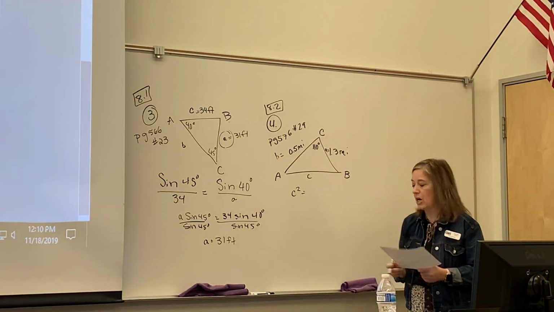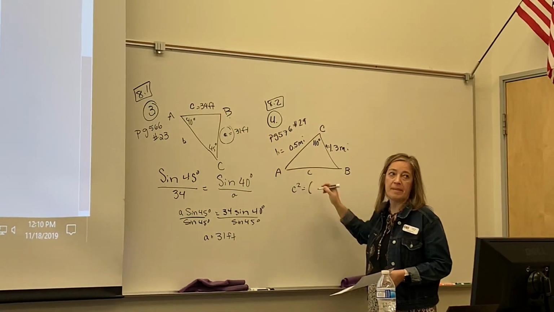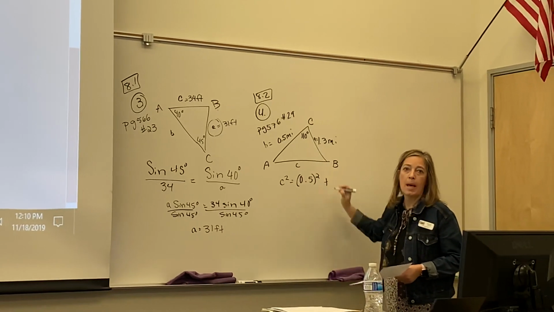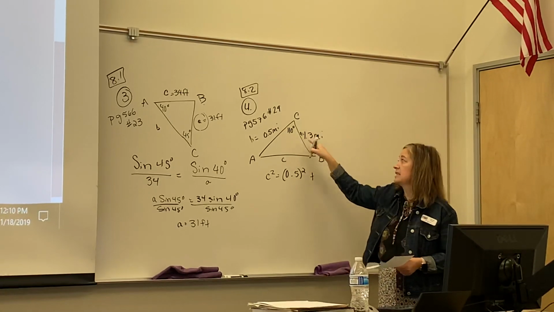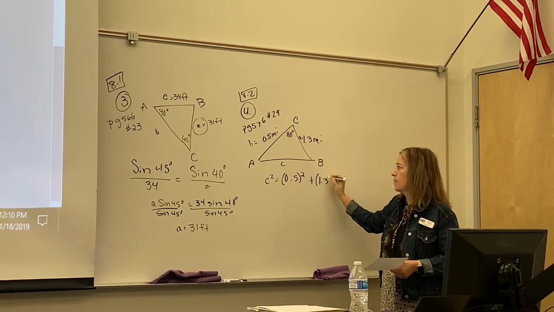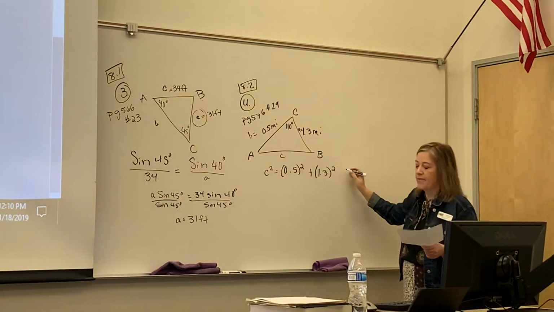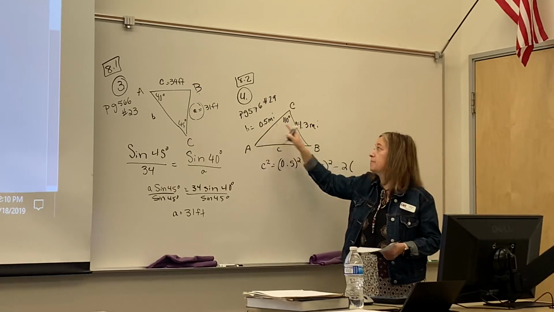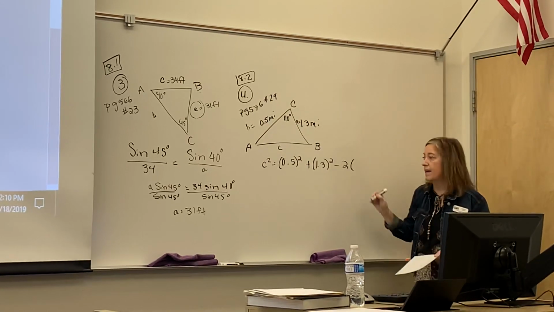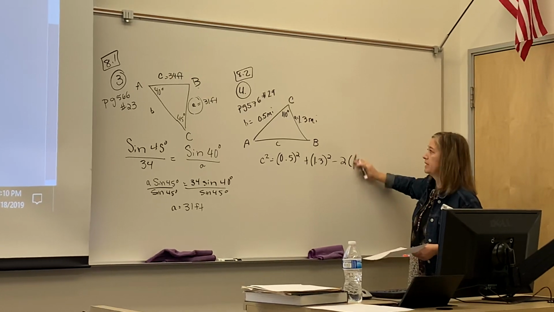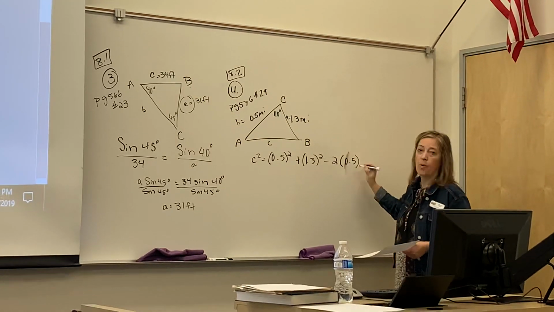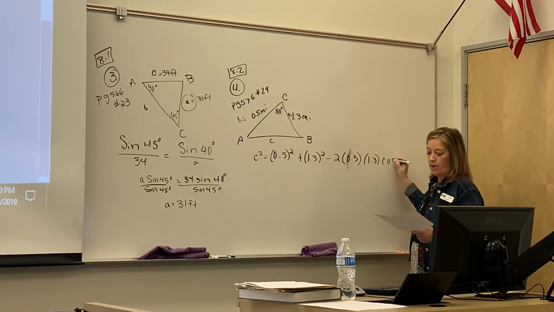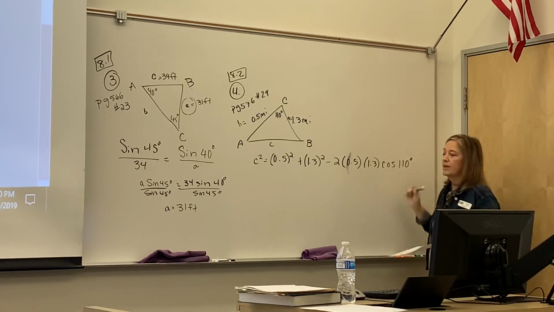We have c squared is equal to, you take b and you square it, so that's 0.5 quantity squared, plus we're going to take little a and square it, 1.3 squared, and then minus 2 times the sides that are given to us, which is b and little a. So we have little b is 0.5 and little a is 1.3, and then we have the cosine of 110 degrees.